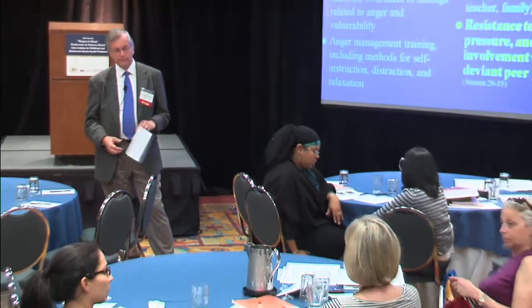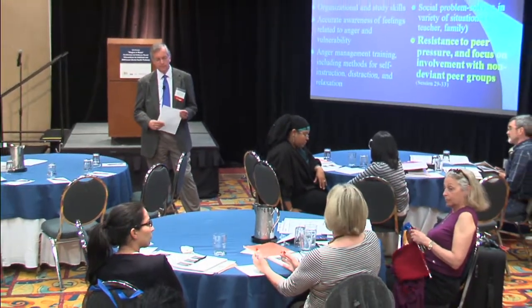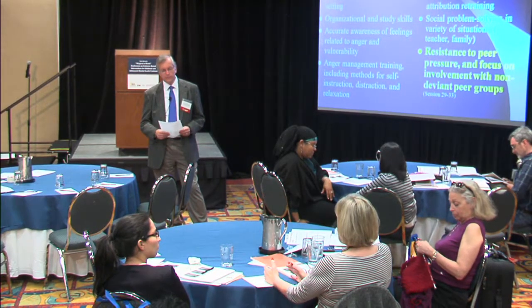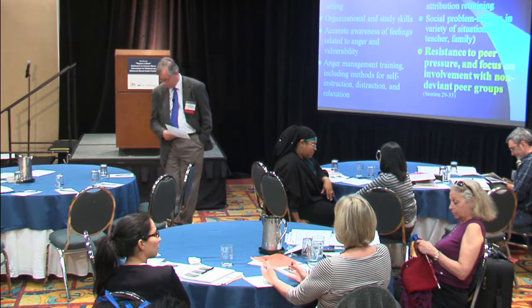I just want to ask a question about that, because for a lot of these kids, their relationships with their primary teacher are really impaired. They don't like each other at all. The teacher doesn't like the kid, the kid doesn't like the teacher. But there usually is somebody else in the school that they have a fairly good relationship with.